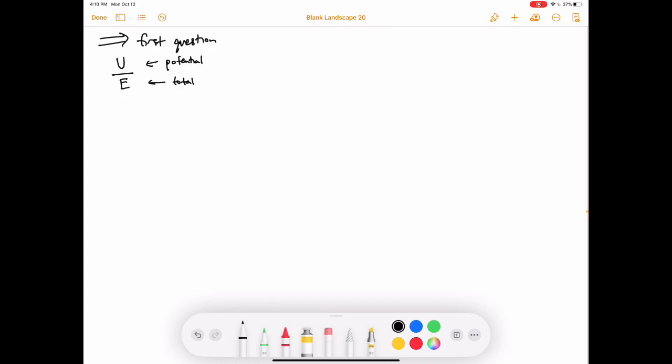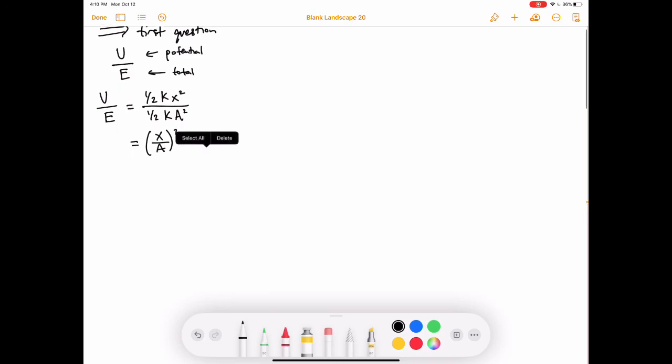So how can I express this fraction, U divided by E? Well, U is 1/2 times k times x squared. And remember, E can be written as 1/2 times k times a squared, right? So cancel out that 1/2 k, and we just have x divided by a, all squared.